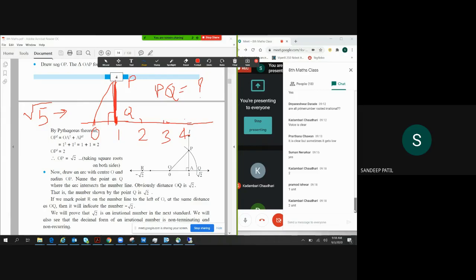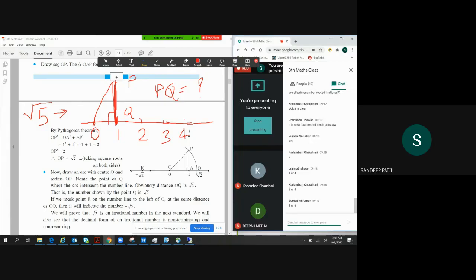Please write in the chat box: if I draw a perpendicular line from 1, what should be the distance between P and Q? So this is 1 unit, and what should be the distance of PQ? And I have to represent root of 5.